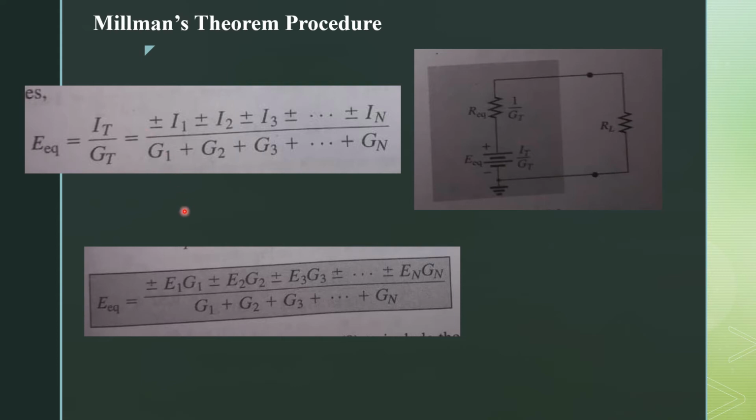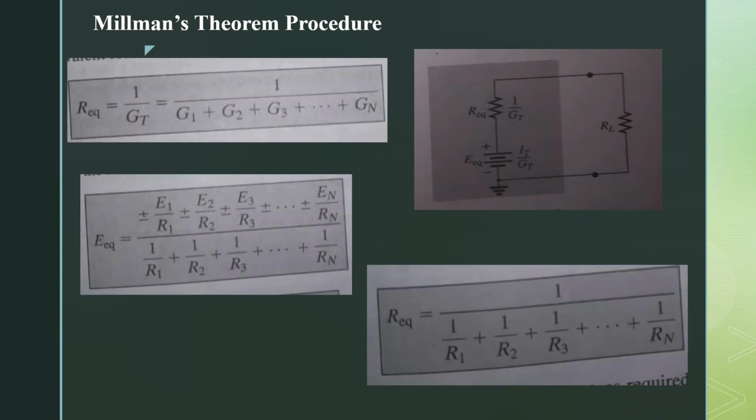So we can write that equation in the form of E equivalent is equal to plus minus E1 G1, plus minus E2 G2, and so on, where E1 G1 is the expression for I1 and E2 G2 is the expression for I2. These equations are in terms of conductance. Similarly, R equivalent is equal to 1 by GT because conductance is the reciprocal of resistance. So we can write it as 1 by G1 plus G2 plus G3 up to Gn.